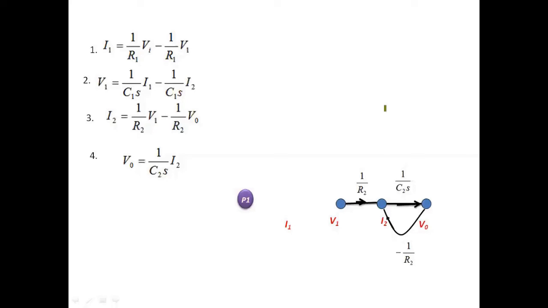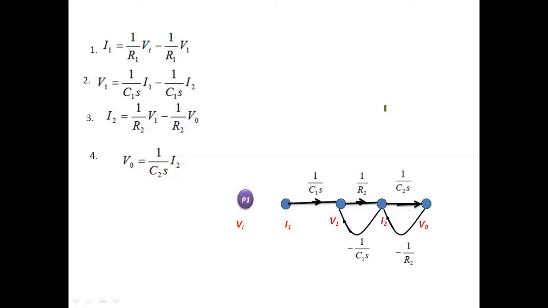With respect to equation number 2, in specific with respect to the node V1, from node I1, we have a branch gain of 1 by C1S, which is moving towards V1. Then from node I2, we have a branch gain of minus 1 by C1S, which is moving towards V1.